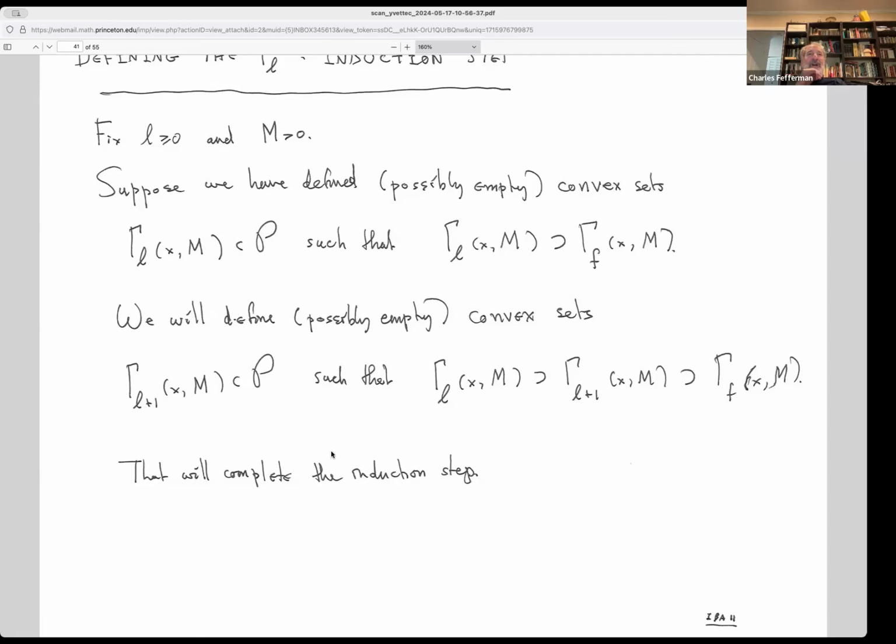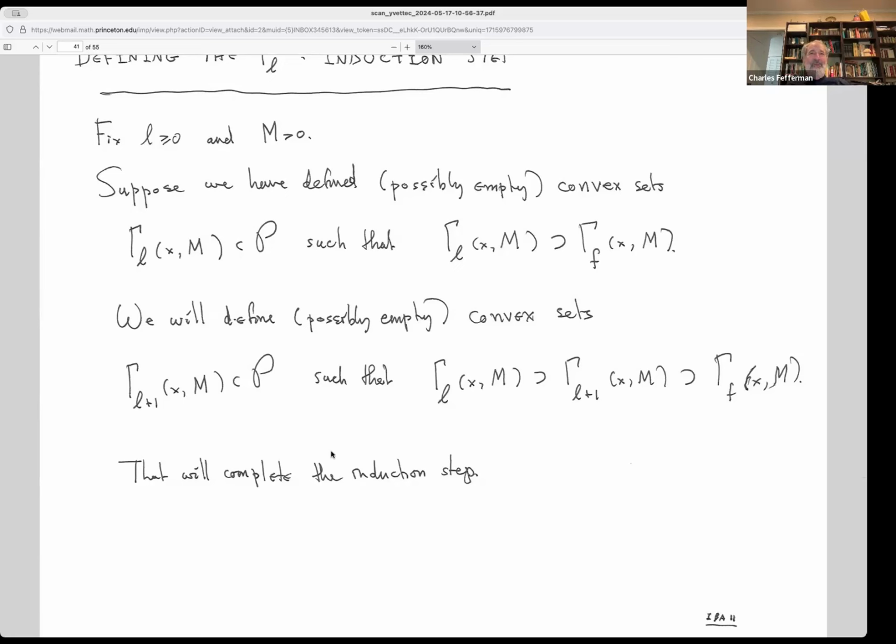The induction step is, given that, we will define possibly empty convex sets gamma L plus 1 of xm with the property that they are contained in the gamma L, but they contain the gamma f. And if we can do that, that will complete the induction step, and that will establish the first two key properties that I promised you of the gammas.